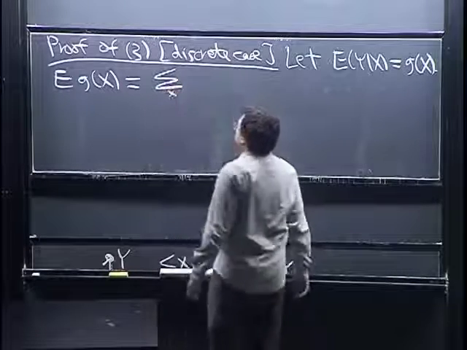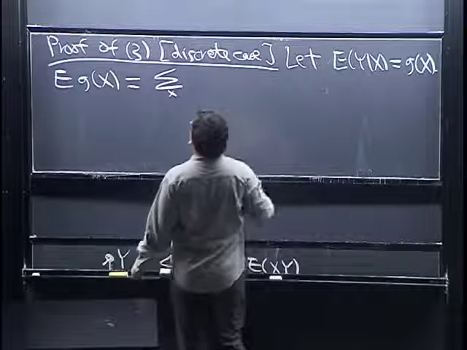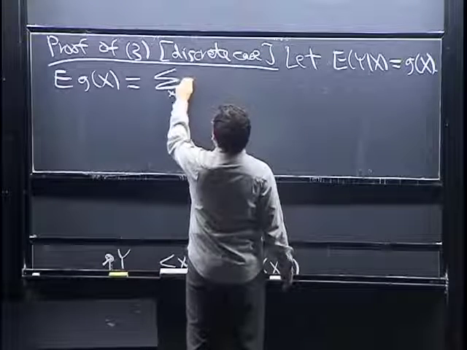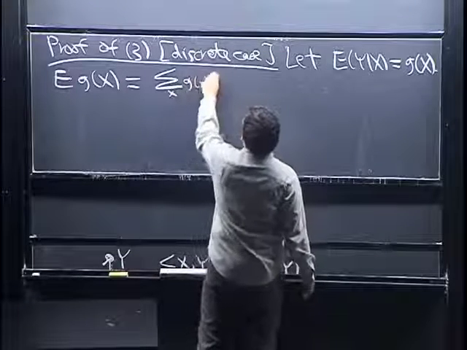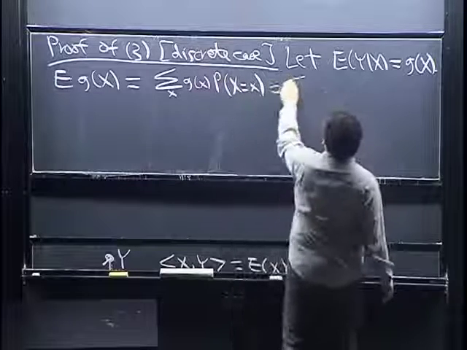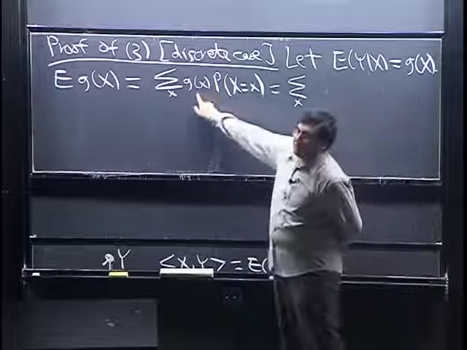So by LOTUS, that's just the sum over x of g of x times the probability that X equals little x. Now let's write down what's g of little x.